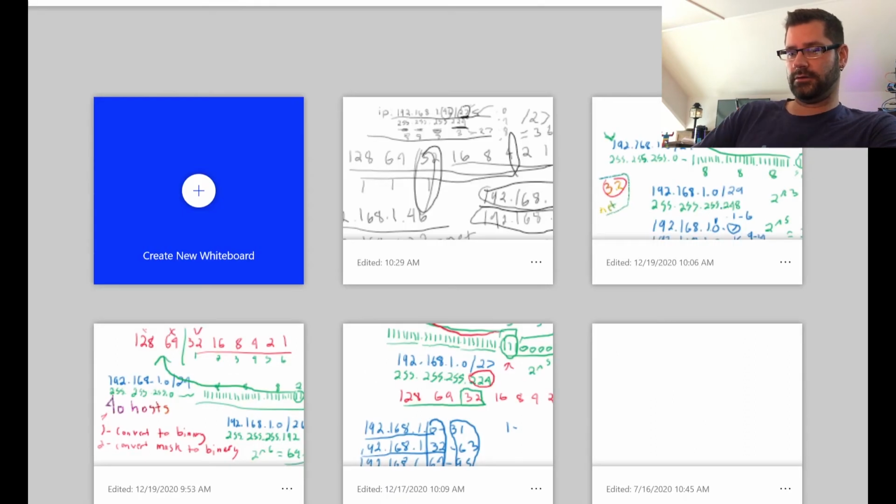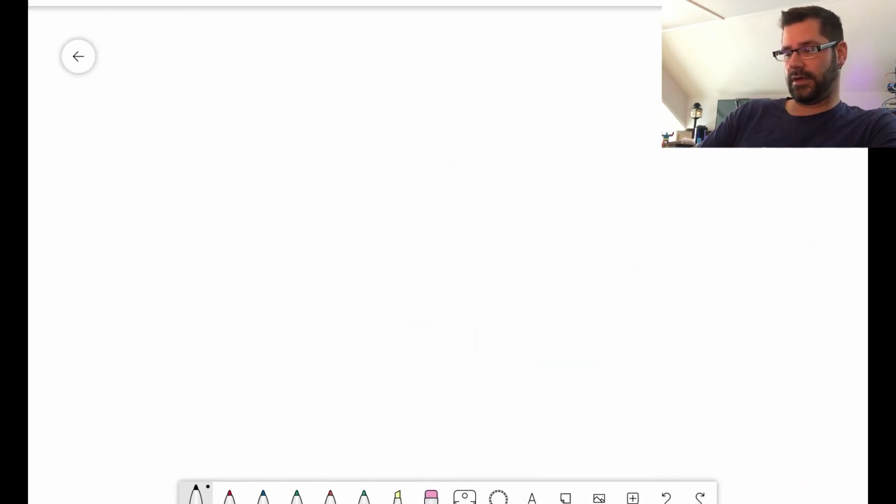Let me open up a new window instead of taking the time to erase all that, and we'll write our address back up at the top of the screen.